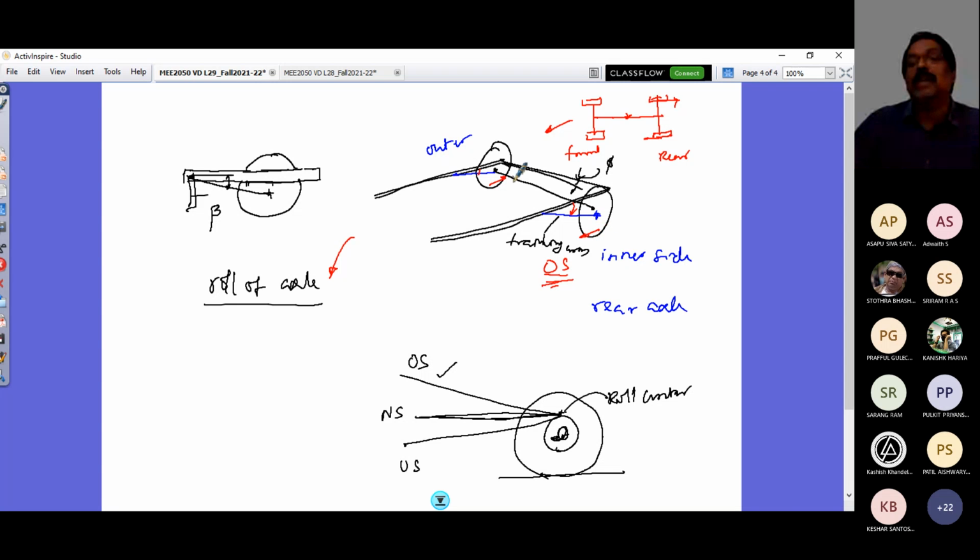This will be pulled backward and this pushed forward, because here beta would decrease on the inner side and increase on the outer side, and the rotation would be the other way. The rear axle would then turn toward this side, which pushes the vehicle outward, so you have to apply more correction. That is an understeer effect.